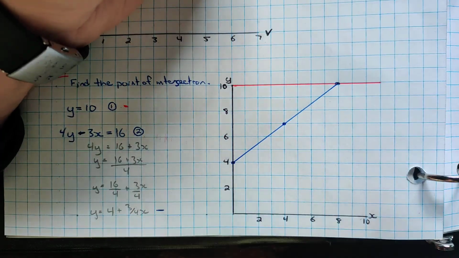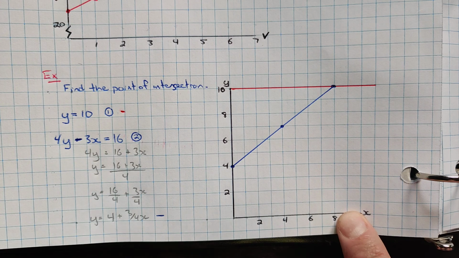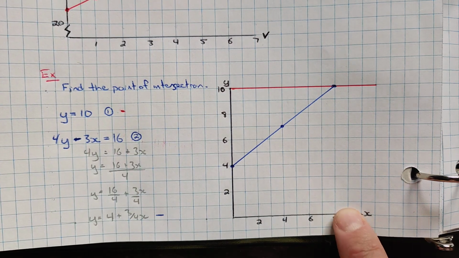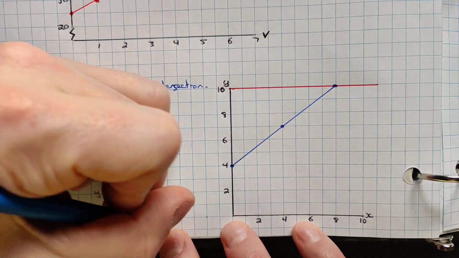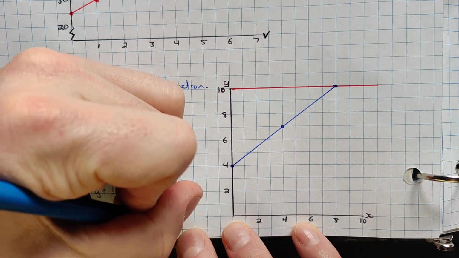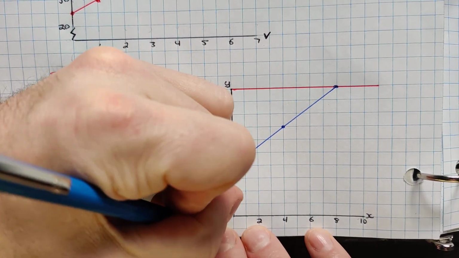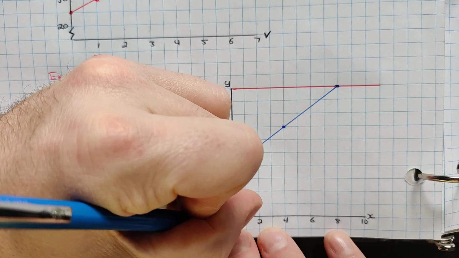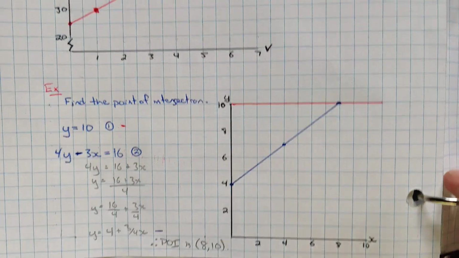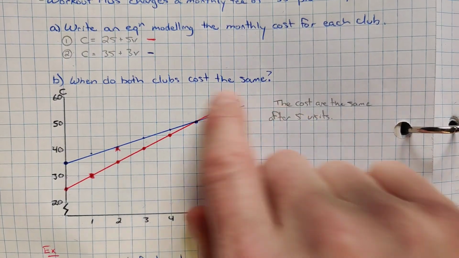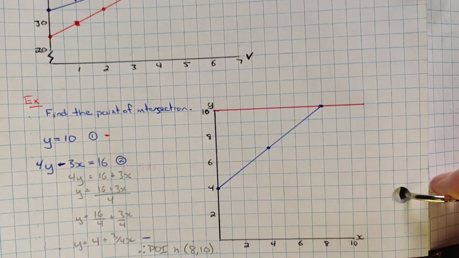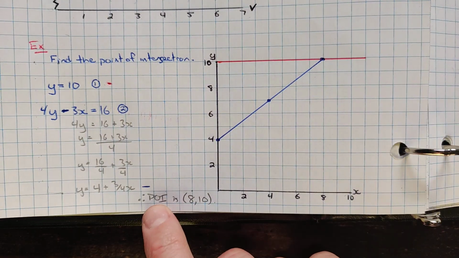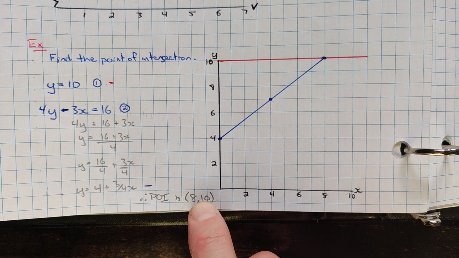So here the point of intersection hits at 8 and 10, so I do a little therefore, the POI is 8 and 10. So if it's a word problem, like above, we're going to make some statement to answer the question. However, if it's just looking for the point of intersection, we can just say the POI is, and then list that point.